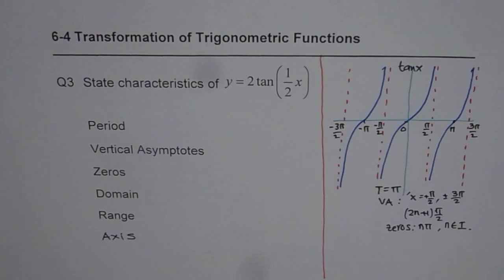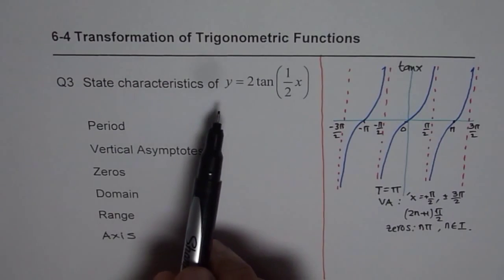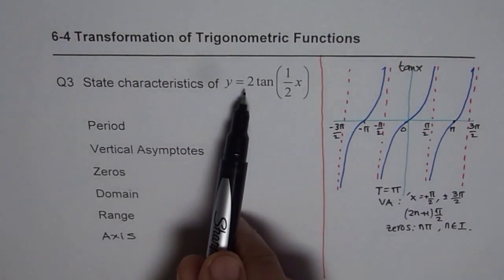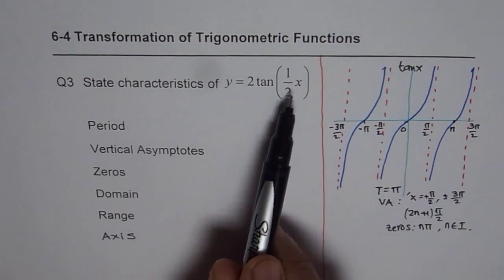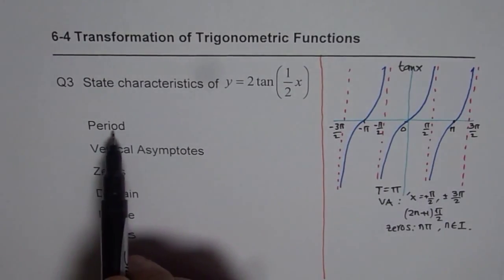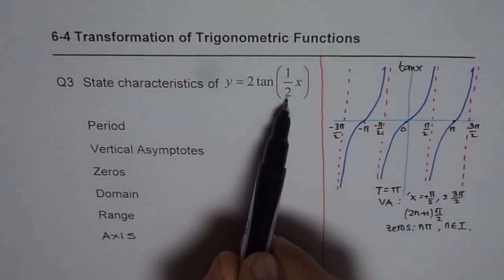My reason for making this video is that I wanted to relate the two. I thought there are already so many videos, but let me do it this way. Now let's look into the equation, which is y equals 2 times tan of half x, right? We want to know what is the period. As you can see here, it is horizontally stretched by a factor of 2, right?